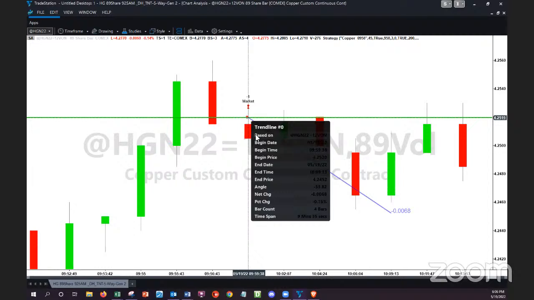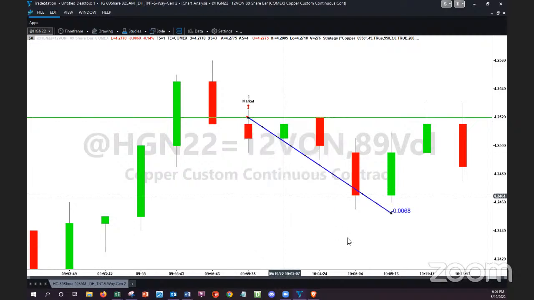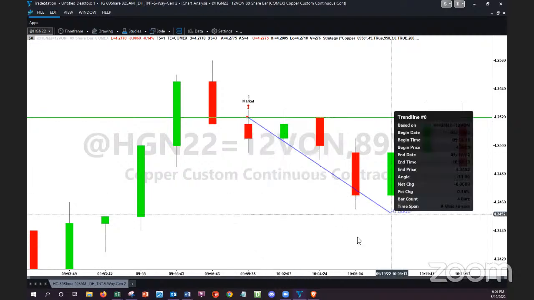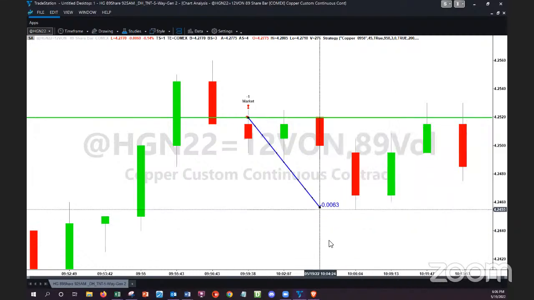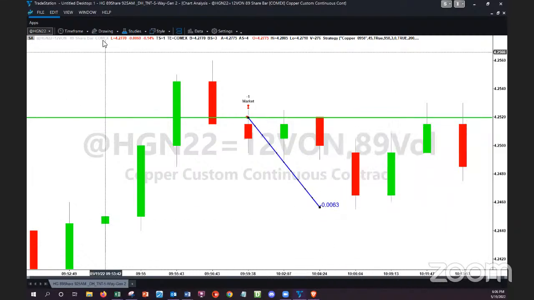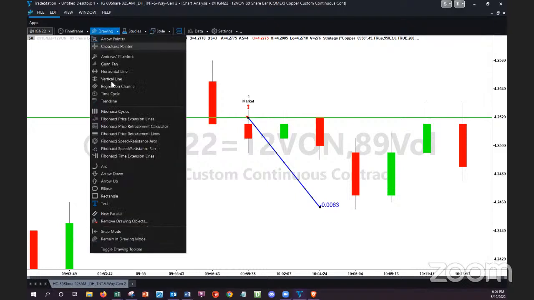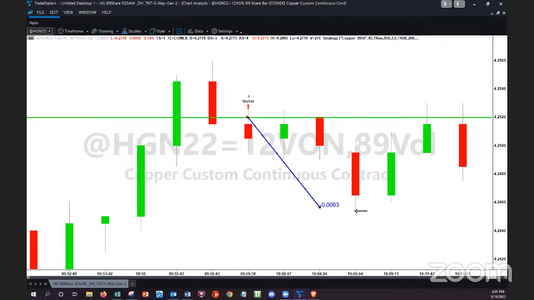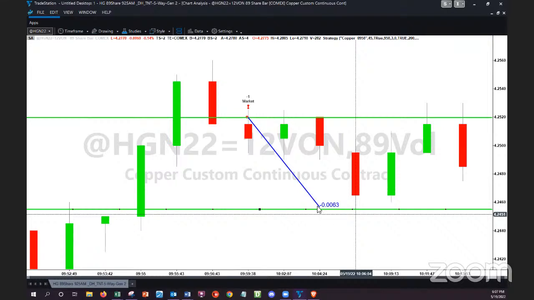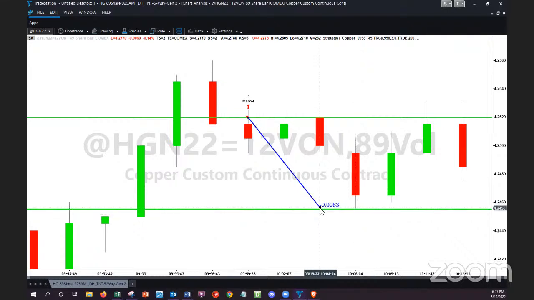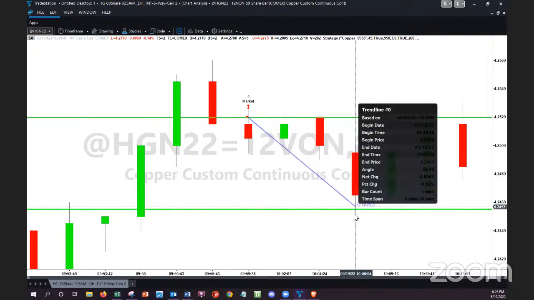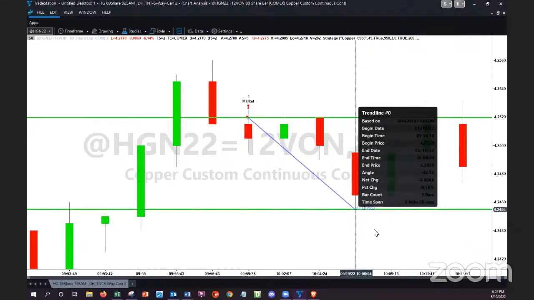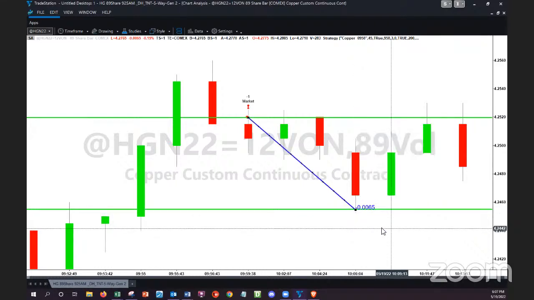Bring this down to here, and put a horizontal line down here. That was our market low after it entered the market short. So that's 0.65, and we were looking to pull $200 out of this.